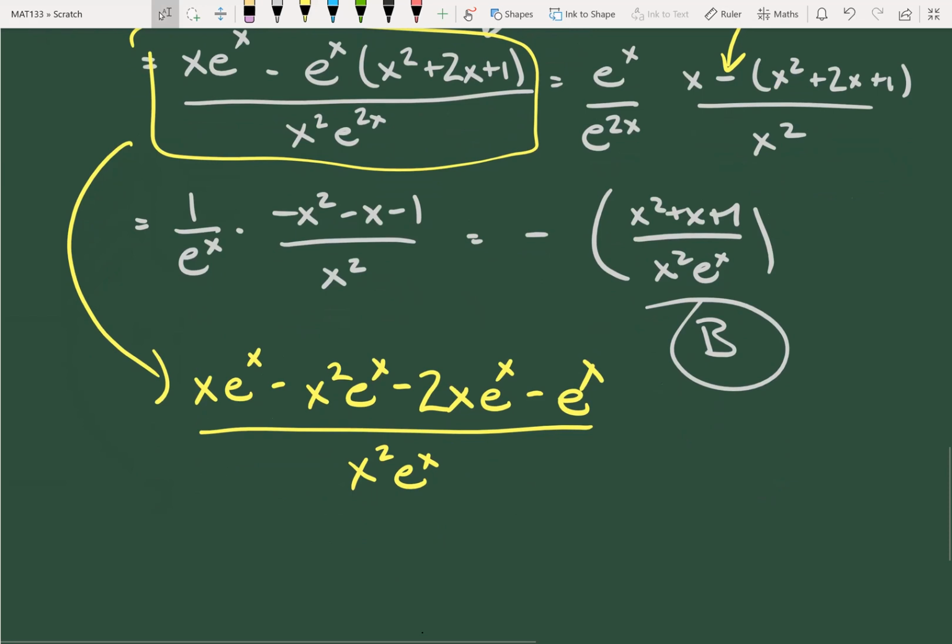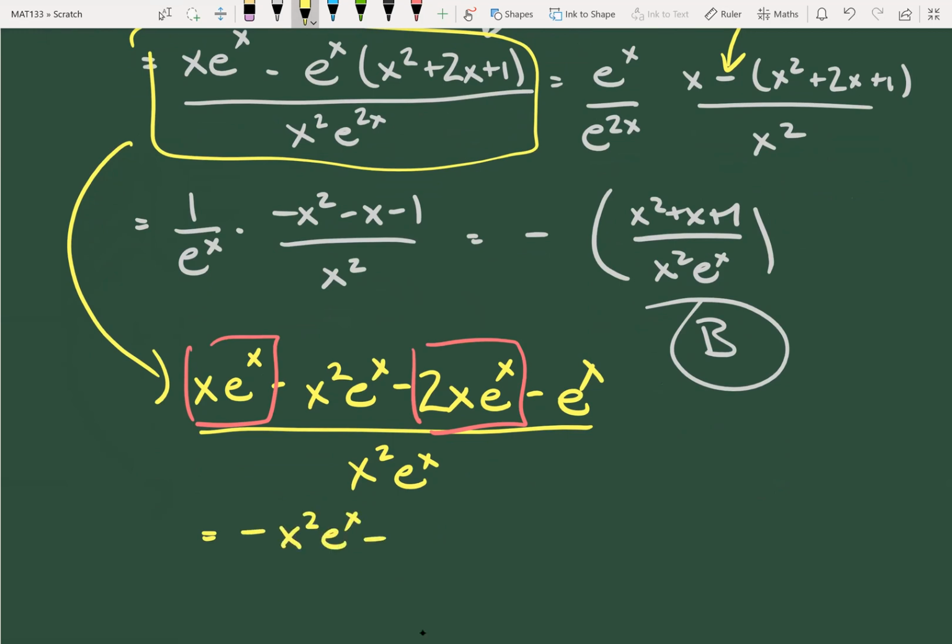And then I see, oh, look, here is an x e to the x, and here's a 2x e to the x. So those are going to cancel each other out pretty nicely. So I'm going to get negative x squared e to the x minus x e to the x. And you'll notice everything's got an e to the x in it, right? Oops, that should be e to the 2x.